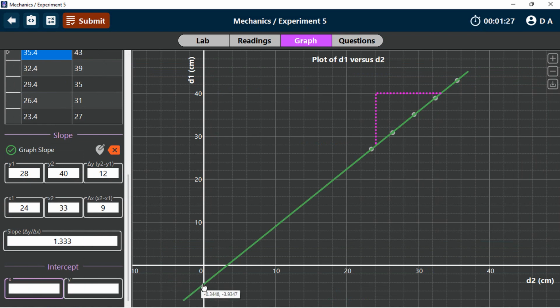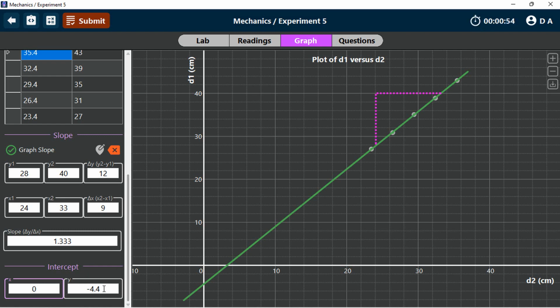So our y-intercept is roughly at minus 4.4, and that's where x is 0.